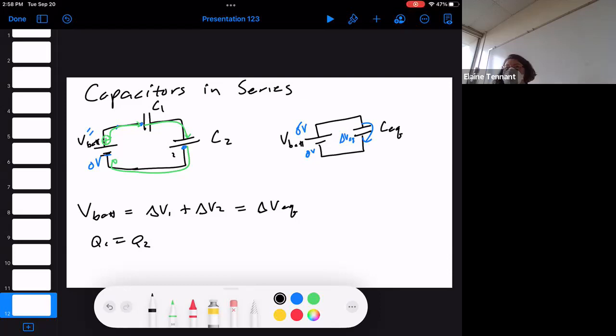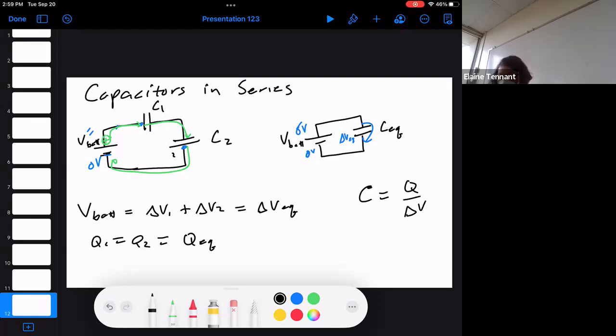Is that all right? Good. And of course, over in my C equivalent, that's going to need to be equal to the same amount of charge as well. Okay, this is good.